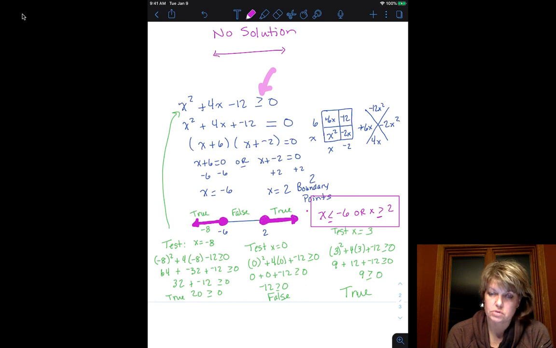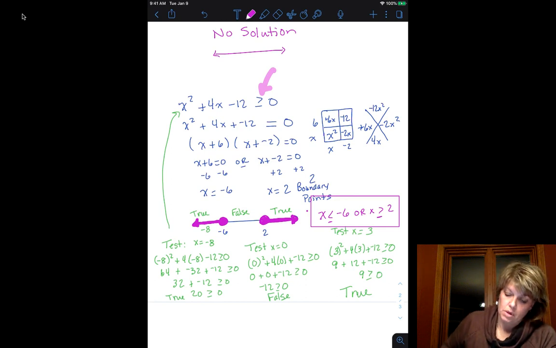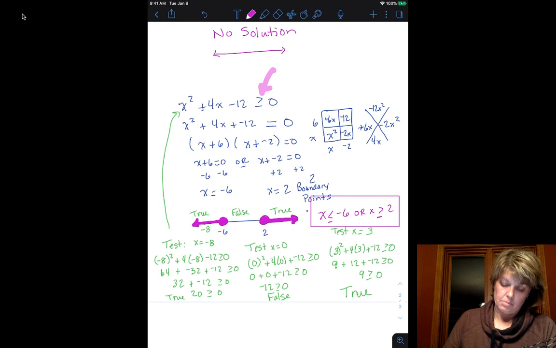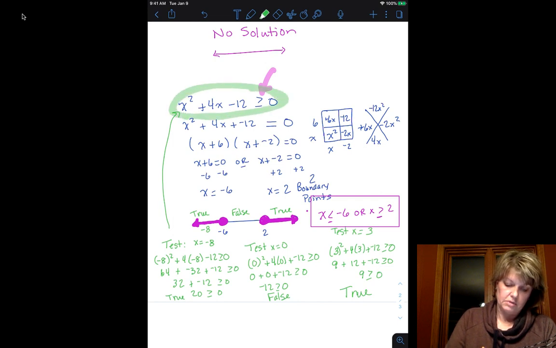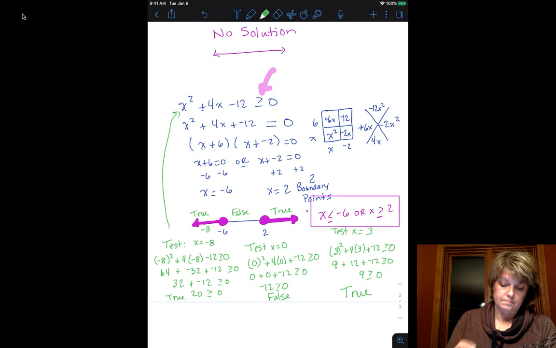Those are the solutions for that one. Hopefully that makes sense. The difference we had from yesterday's equations till today are these equations, you remember, have a power of 2. Because of the quadratic, we're going to get 2 boundary points, and therefore we have to test 3 different regions. Hopefully that kind of makes sense.